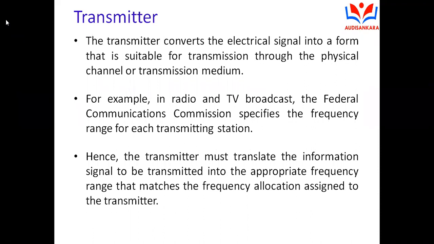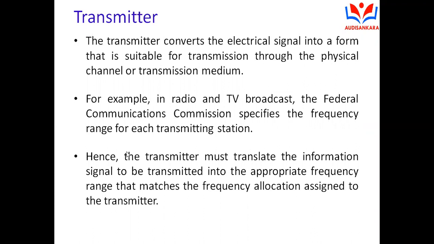Based upon the arrangement of the frequency range, it is possible to communicate the information from the transmitter to the receiver. That information is transmitted by the transmitter in a form suitable to the channel that will be selected by the transmitter.